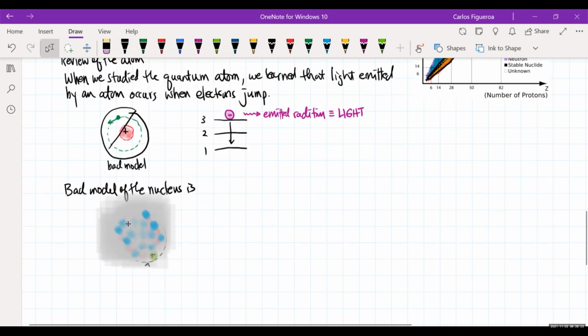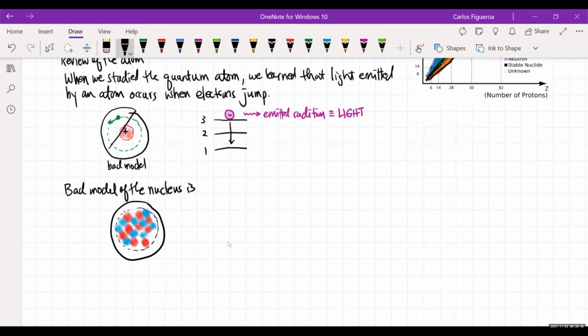That's a bad model of the nucleus. If I get rid of that and put in a proton here, I'm saying that this model is a bad model.